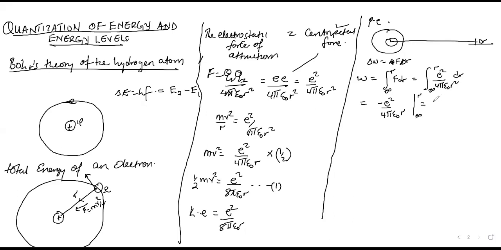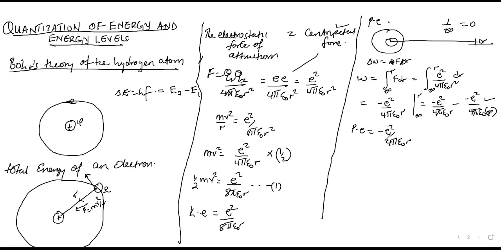When you put r, you get a negative e squared all over 4 pi epsilon r minus, when you substitute infinity, you shall get a negative e squared out of 4 pi epsilon infinity. But 1 over infinity is always 0. So the whole of this term reduces to 0. So therefore, the potential energy becomes a negative e squared all over 4 pi epsilon r.